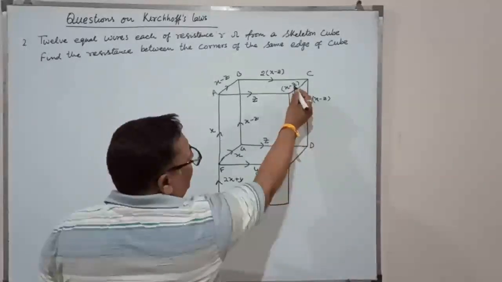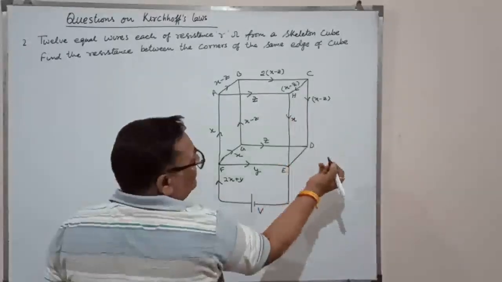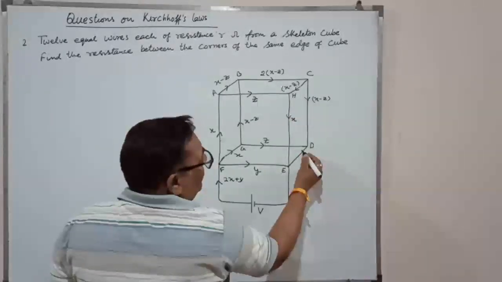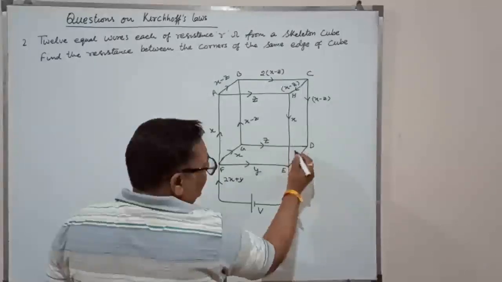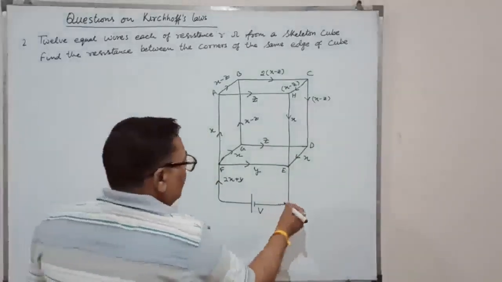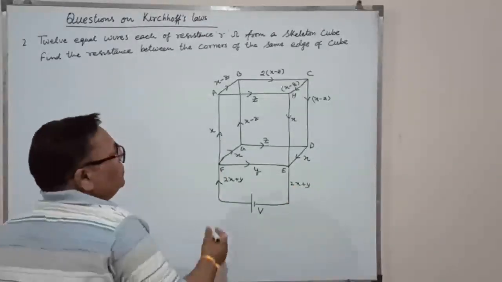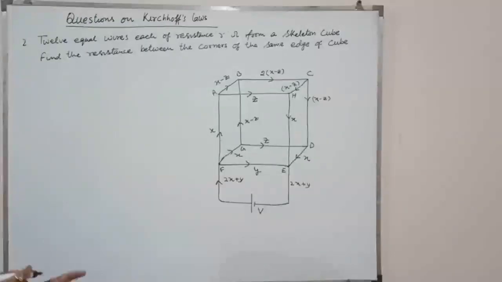And in this branch, x minus z plus z, that is the current is x. And here x minus z this side and z, this is again x. Total current 2x plus y. This is the current distribution of this network. Then how can we solve it?